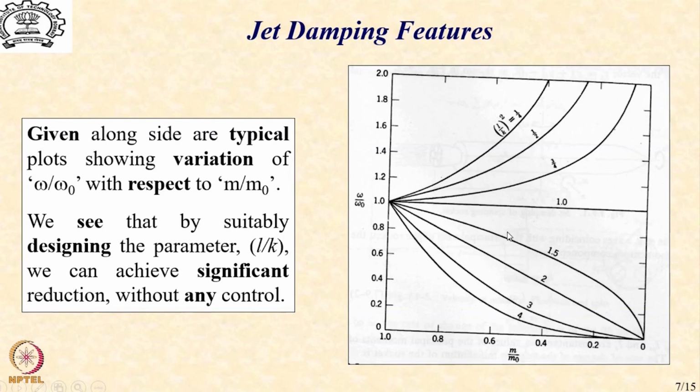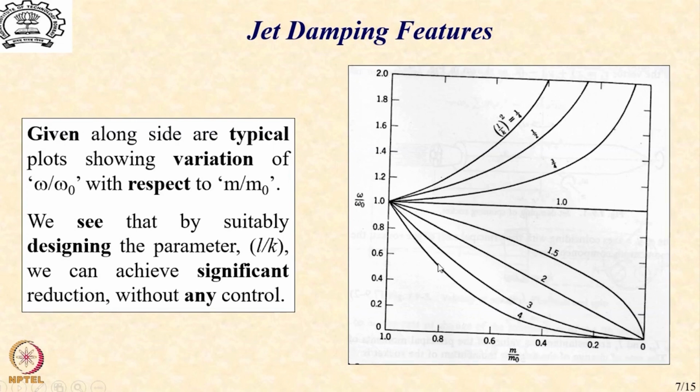So now we realize that by suitably designing this parameter L by K, not only we can achieve a stability of the disturbed motion, but we can also choose a specific rate of decay as desired from the trajectory and performance requirements.